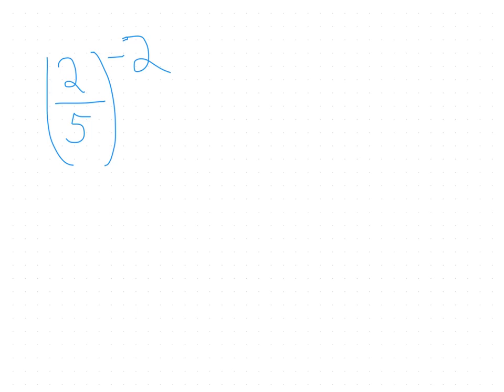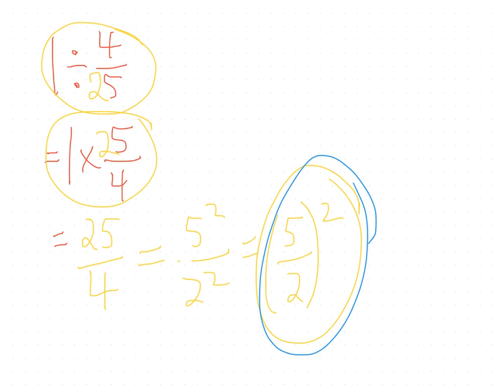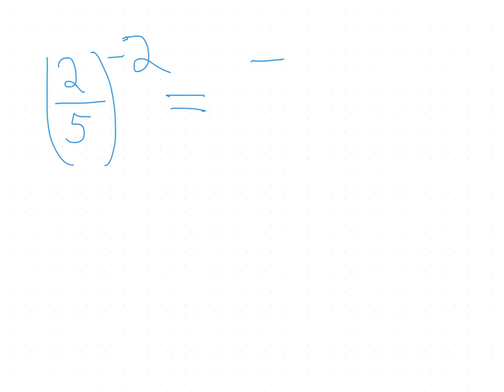And the result of all that work was 5 over 2 to the positive 2. So what is a shortcut that we can use when we have a power with an integer exponent and the base is a fraction and the exponent is negative? Well, you can reciprocate the base.